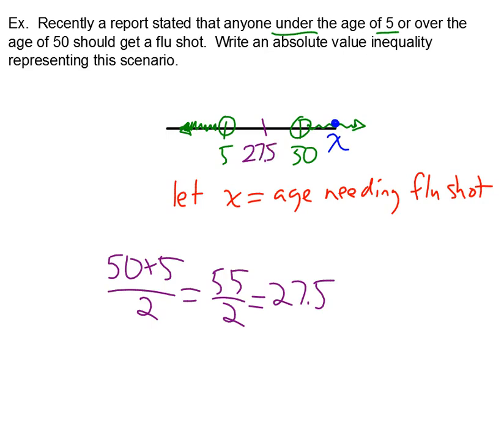Now just to check, how far is it from 27.5 to 50? I believe that's 22.5 spaces away. How far is it from 27.5 back to 5? Again, that's 22.5.